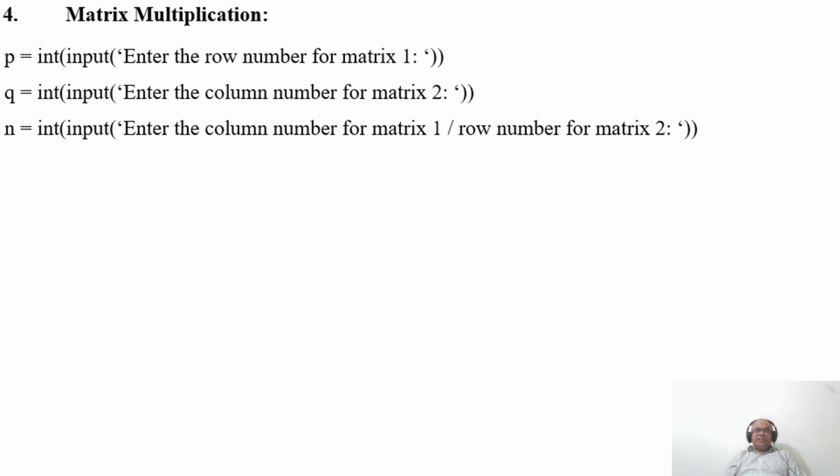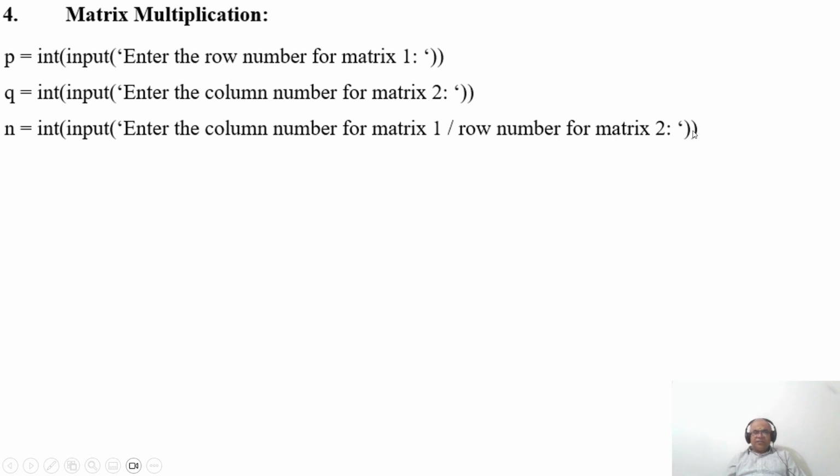I need to convert that string into an integer, so for that I am using the int function. So int input, enter the row number of matrix 1. Similarly, Q equals int input, enter the column number of matrix 2. Then N equals int input, enter the column number of matrix 1 slash row number of matrix 2.